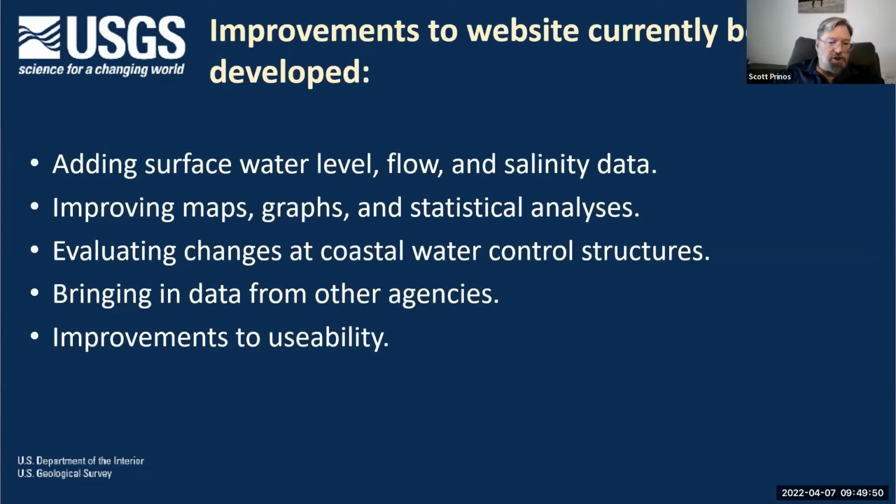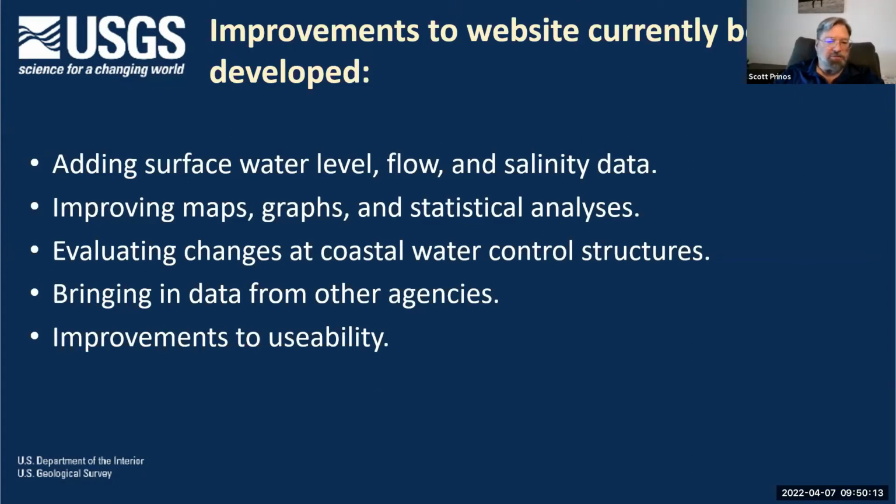This will include improving the maps, graphs, and statistical analyses, evaluating changes at coastal water control structures, automatically bringing in data from other agencies to provide a more complete picture of water resources, and improvements to usability.